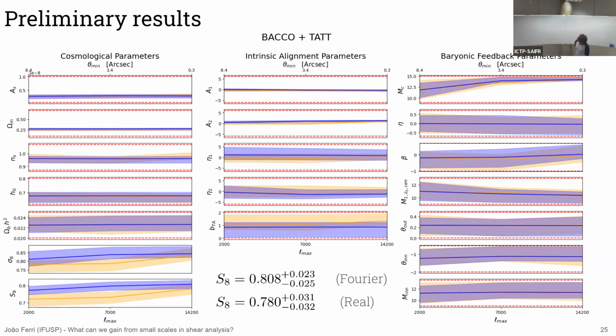But it's a little bit concerning because it seems like it wants to go out of the validated region of Baco. It tends to a very high value of this MC, which is basically a parameter that tells you about the suppression given by the baryonic effect. So the higher the MC, the higher the suppression. So it's telling us that HSC has a very, very high baryonic suppression effect.